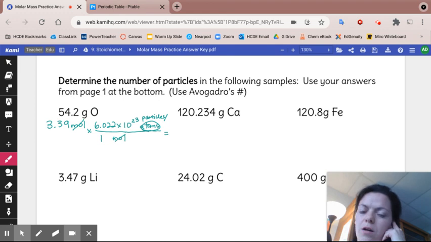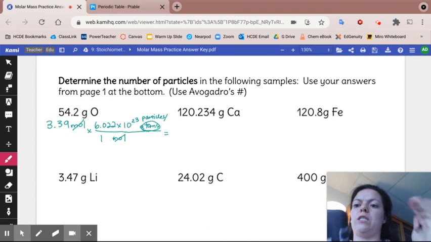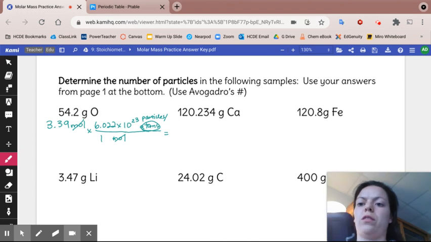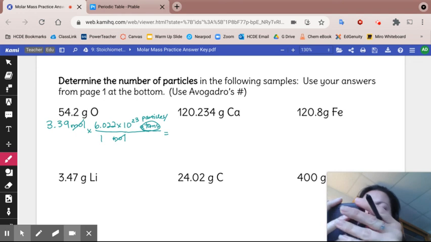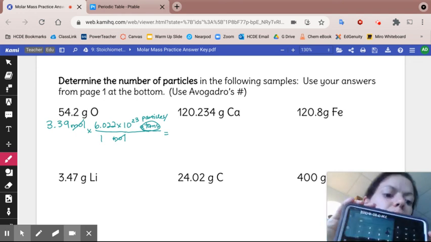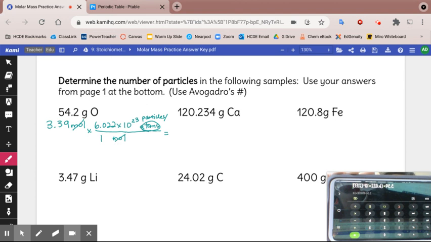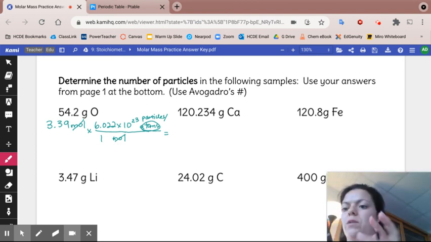Don't forget, if you're doing this on a calculator that's not actually a scientific one, to put your parentheses around the 6.022 times 10 to the 23rd. I'll show you what it looks like on my screen. If you don't put your parentheses there, then it's not going to recognize that it's a whole number, and sometimes it can cause errors in calculation, okay?